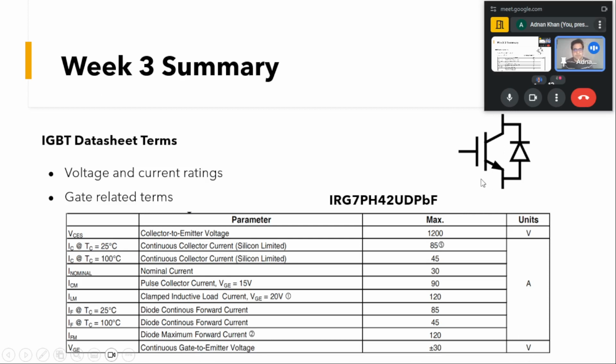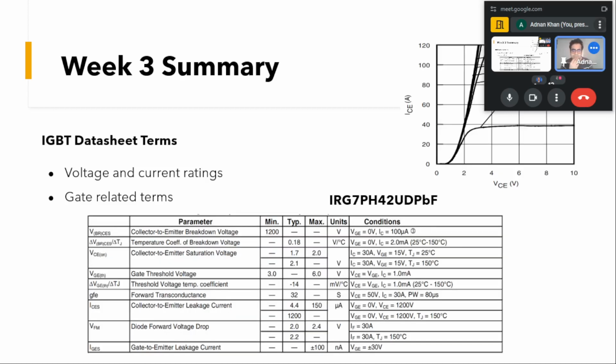These are some of the terms that you should be able to understand easily, because we have been discussing them for the past 2 weeks.